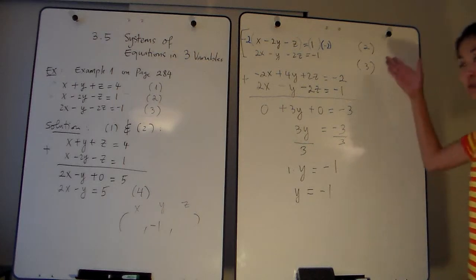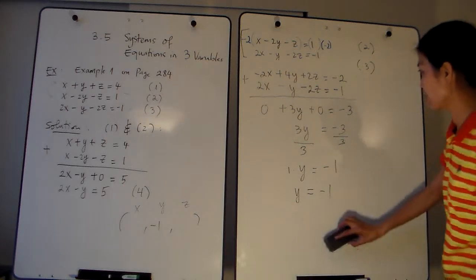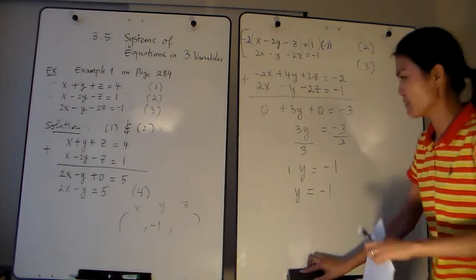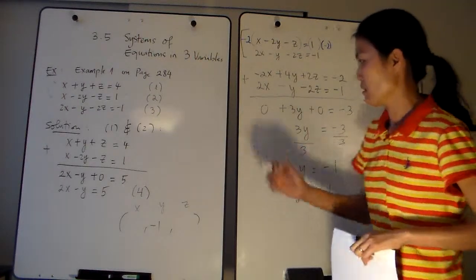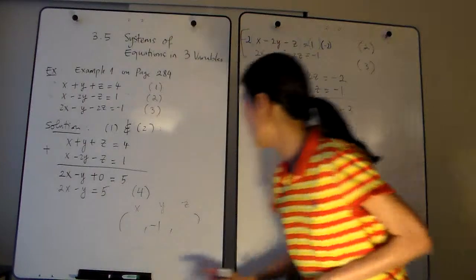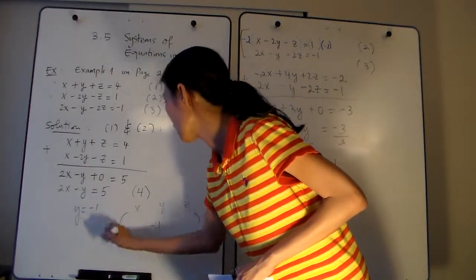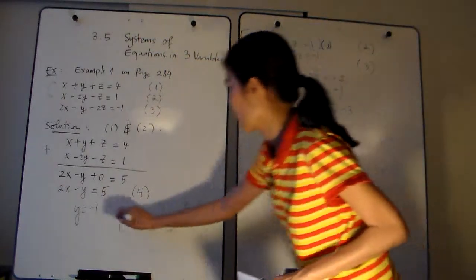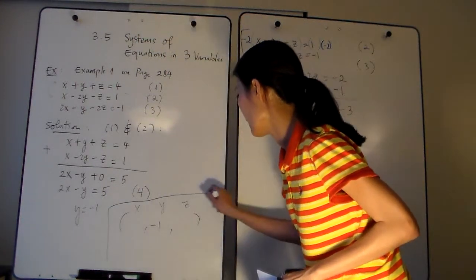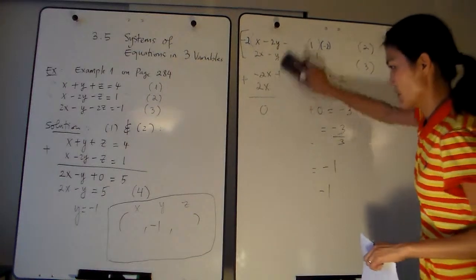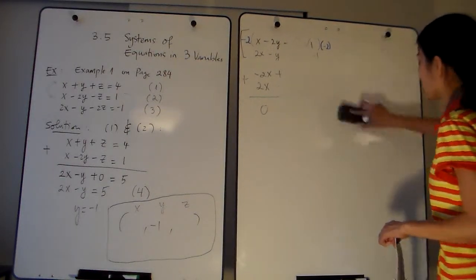So I'm going to erase this, knowing that y is negative 1. Let me copy this, and let's call this y here. This is at the end. We're looking for what is x, what is z. Let me take this out of the way.